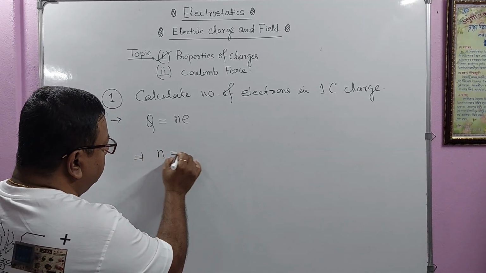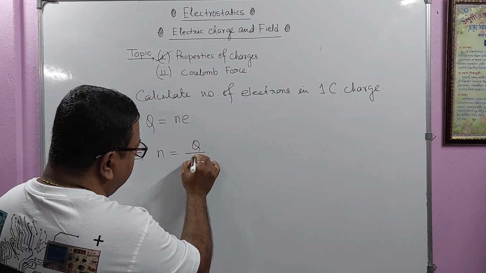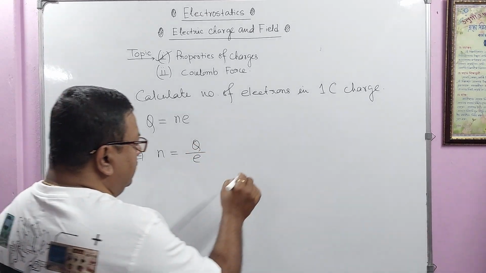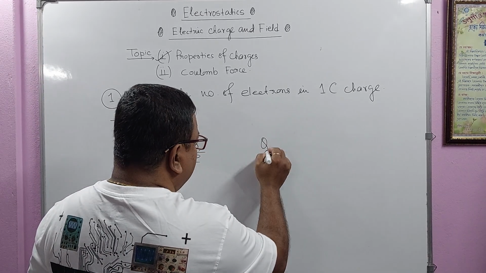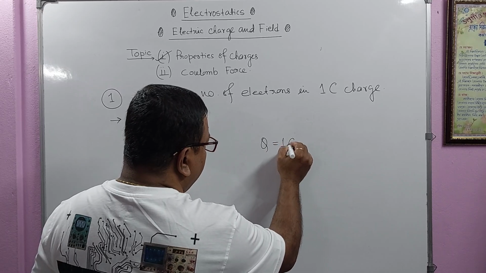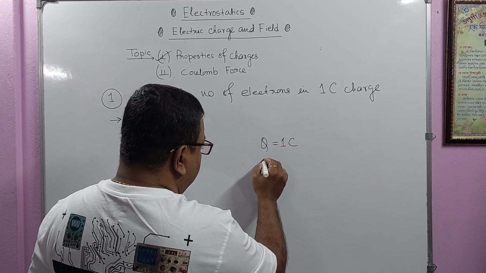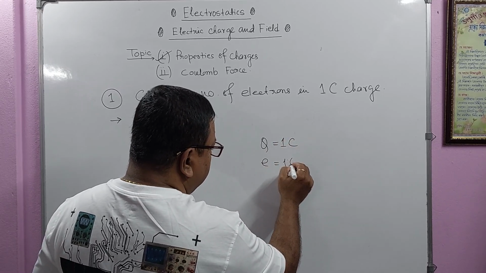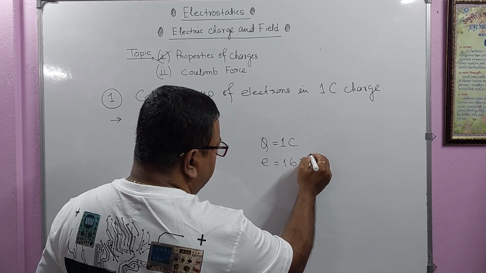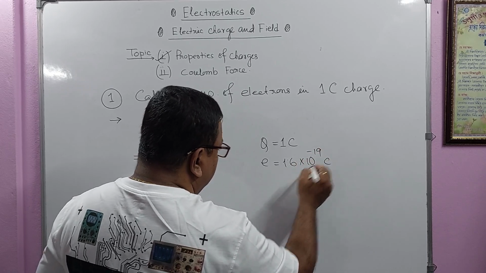So n equal to Q by E, and according to the question Q is equal to 1 Coulomb and the charge of an electron is 1.6 into 10 to the power minus 19 Coulomb.